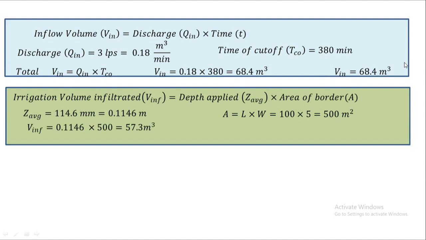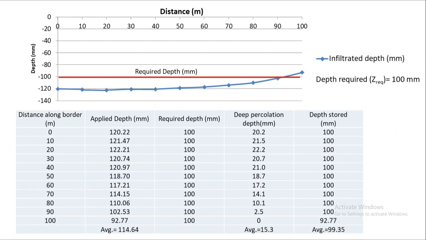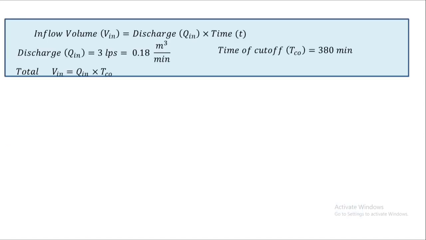Irrigation volume infiltrated is the depth applied multiplied by area of border, right? The average depth applied was 114.6 millimeters, yes.